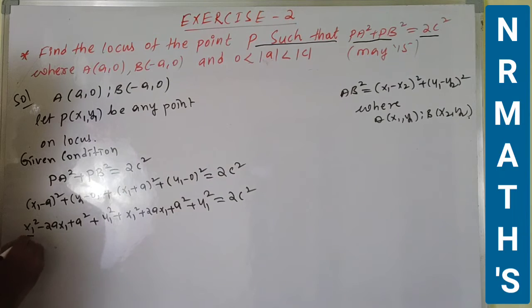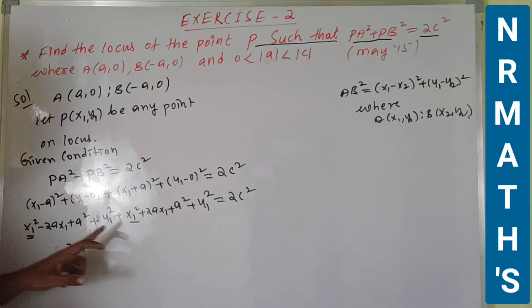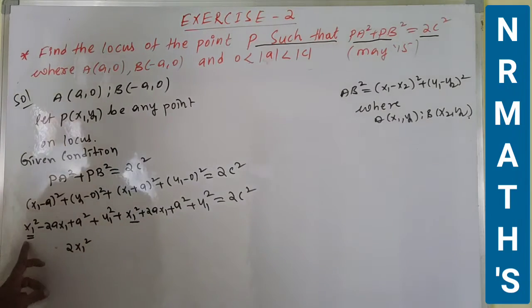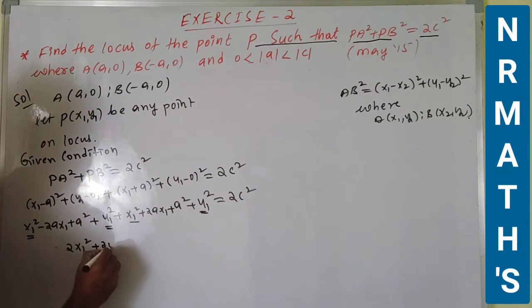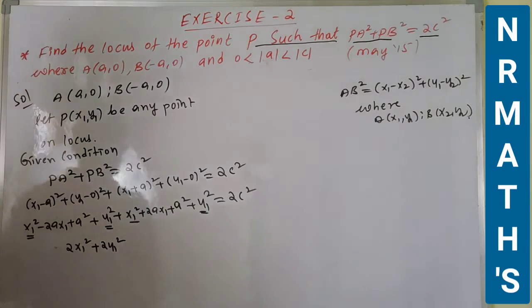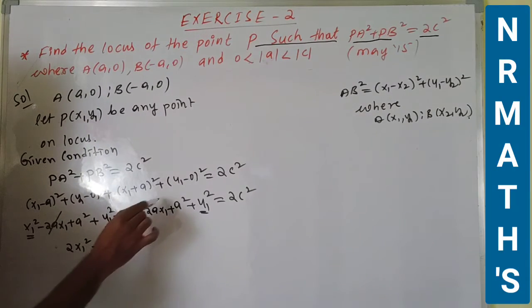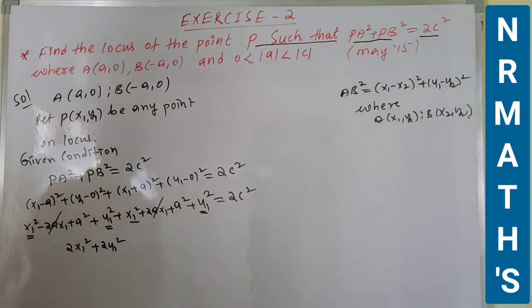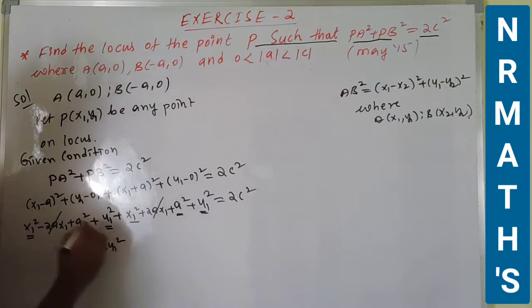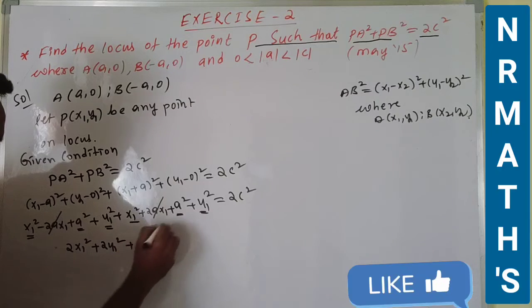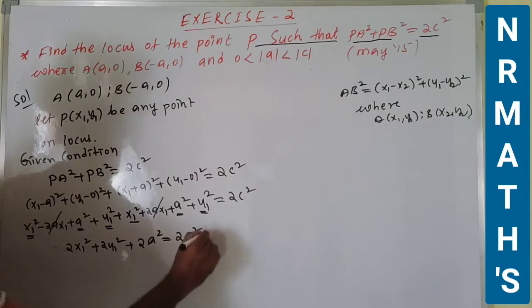Now we have x1 square plus x1 square, which is 2x1 square, and y1 square plus y1 square, which is 2y1 square. The x1 coefficients, minus 2a x1 and plus 2a x1, cancel. The constants a square plus a square give 2a square, which is equal to 2c square.